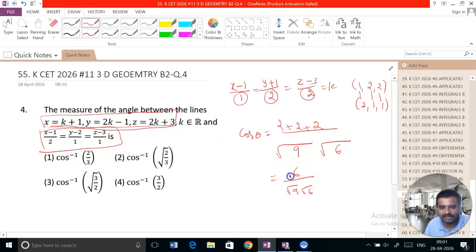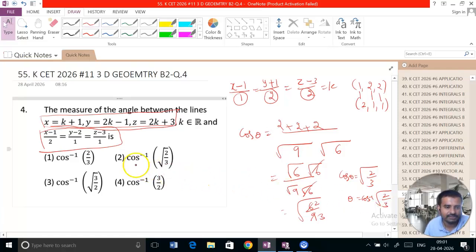So you can take the numerator 6 as root 6 into root 6, then root 6 gets cancelled. We are remaining with root of 6 by 9, which is root 2 by 3. Therefore cos theta is equal to root 2 by 3. We need the angle, that is theta is equal to cos inverse of root 2 by 3. So option 2 is the right answer.